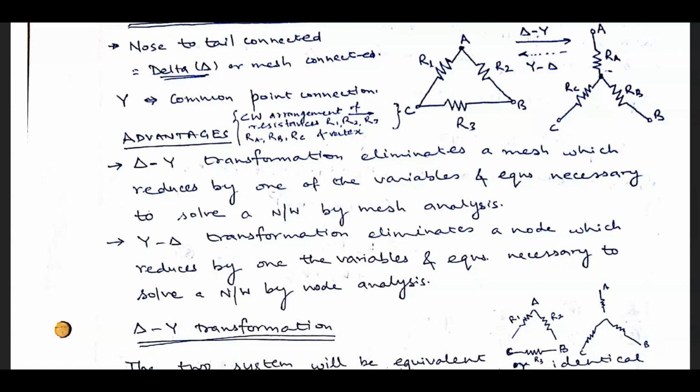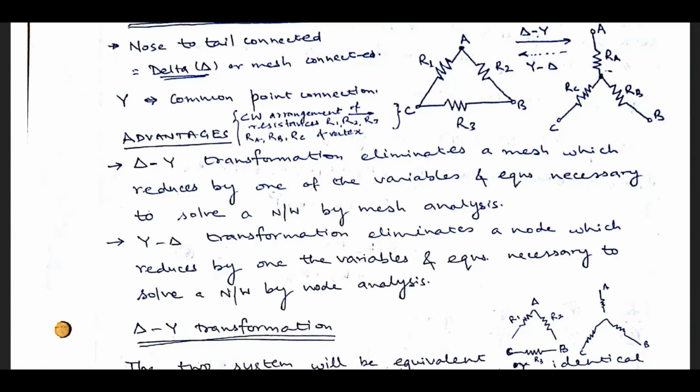Okay. You can follow any book or you can follow these same notes, but you have to remember the end results, and it is better that you follow a particular literature at a time, because if you follow more than one literature in star to delta transformation or delta to star transformation, you are likely to get confused.